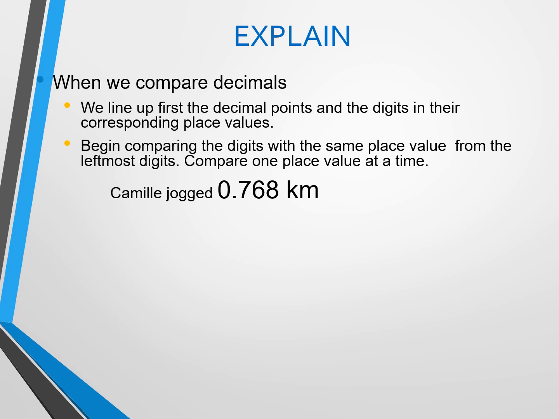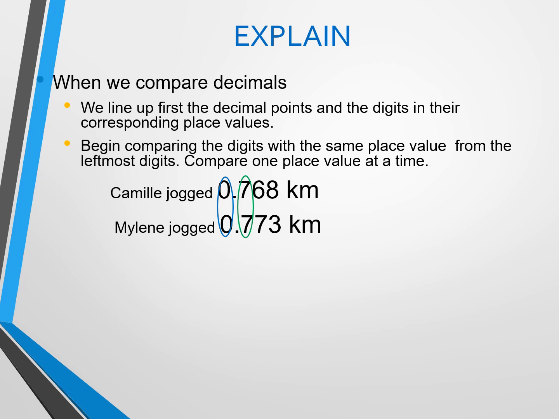Using the given problem, Camille jogged 768,000 kilometers, while Mylene jogged 773,000 kilometers. So we are going to start from the leftmost place value, which is 0. So they are equal. Then we will proceed to the next place value, which is the tenths. 7 and 7 are equal.